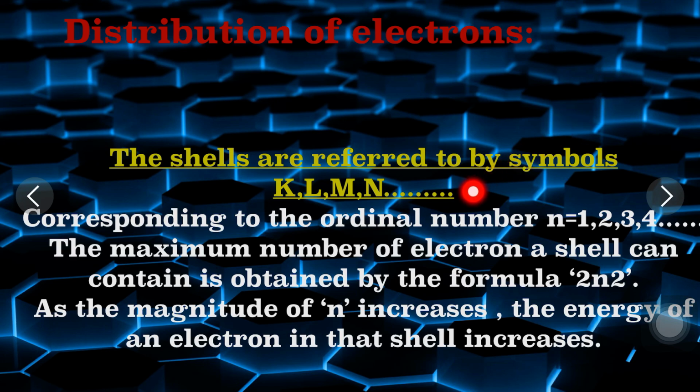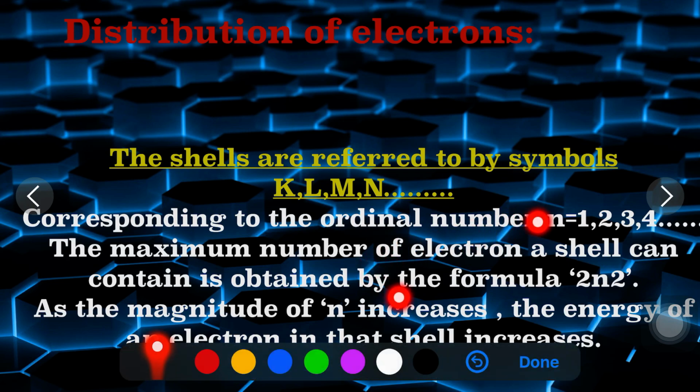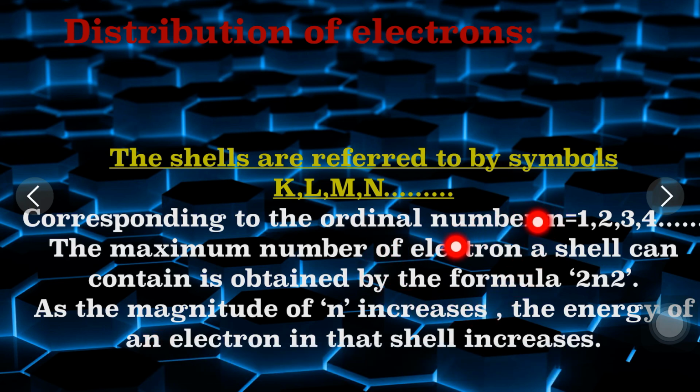Now these shells are referred to by symbols as well, and these symbols are capital letters. The first shell will be named K, the second shell L, then M shell, N shell, and so on, corresponding to the ordinal number n equals 1, 2, 3, that is the number of the shell.